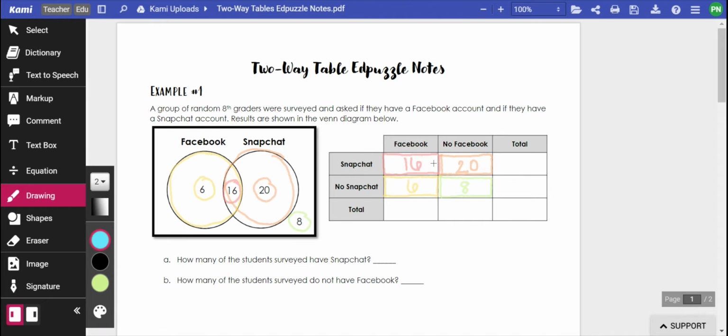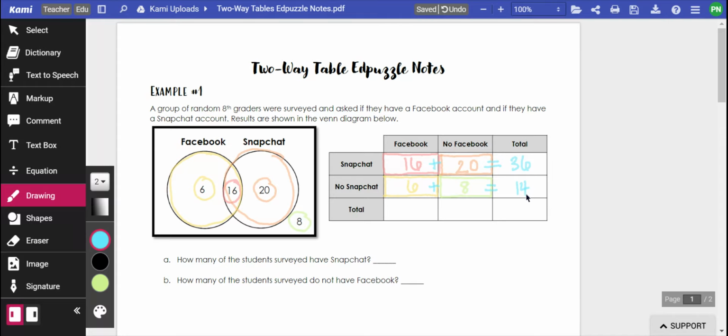So we want to add these two numbers together, the 16 and 20, and that will give us a total of 36 students have Snapchat. So you always want to follow the row or the column. So in this case, rows. And now, in order to find out how many in total have no Snapchat, we're going to add those together, and that gives us 14.